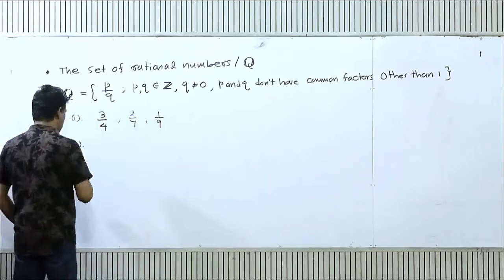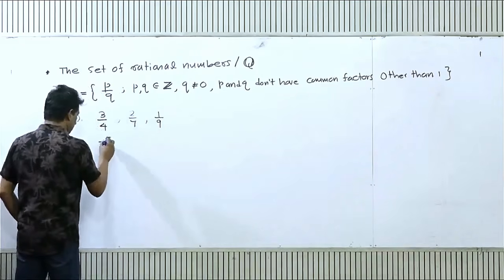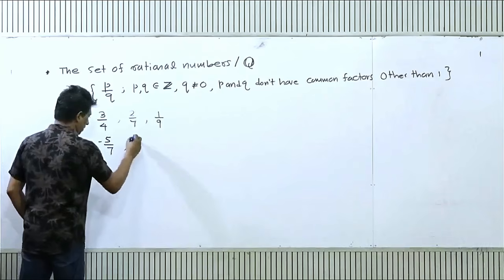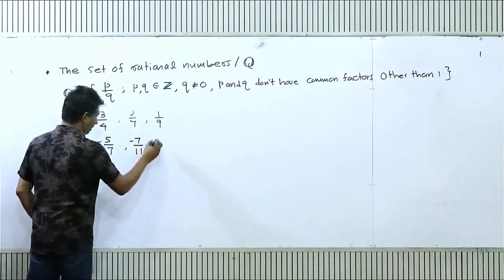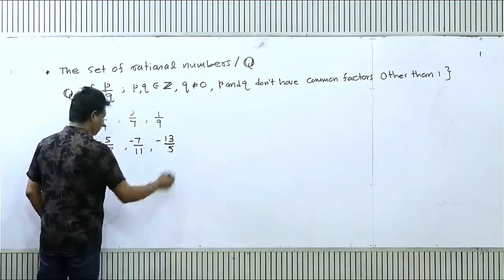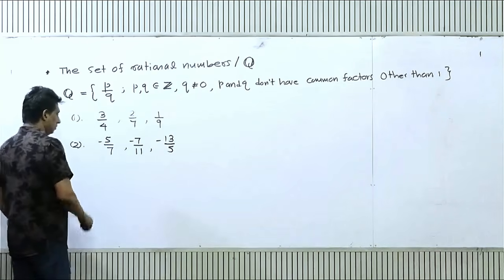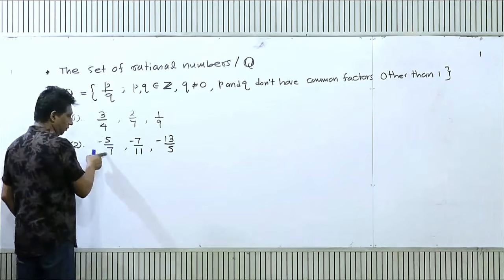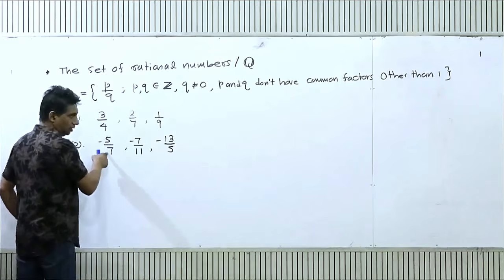Second example, we can take like this, minus 5 over 7, right? Minus 7 over 11, right? Then minus 13 over 5. In the numerator and denominator, both are integers.